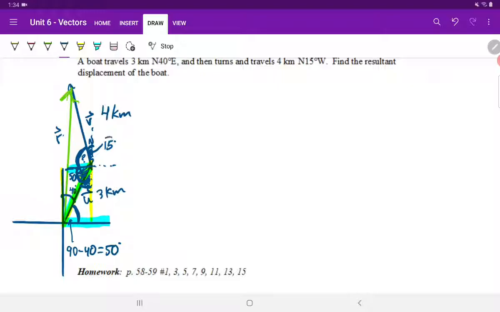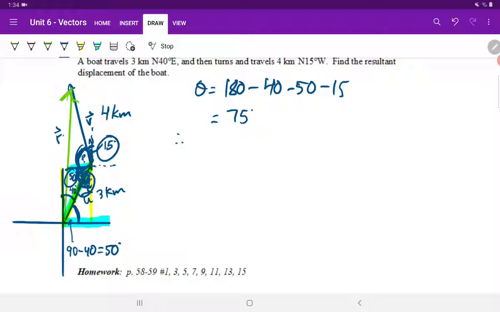These four angles, 15, 50, 40, and then this, must add up to 180. They're all supplementary angles. So let's call it theta is equal to 180 minus 40 minus 50 minus 15. So what is that? 75 degrees.